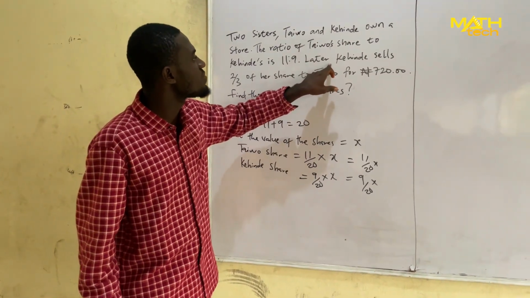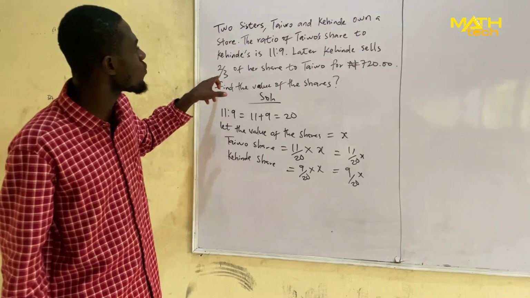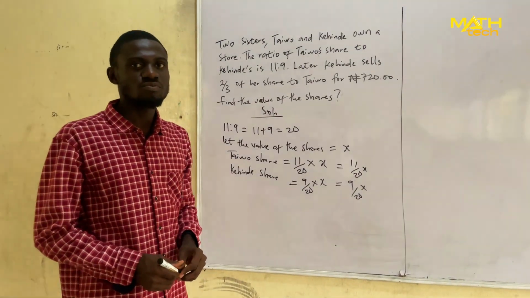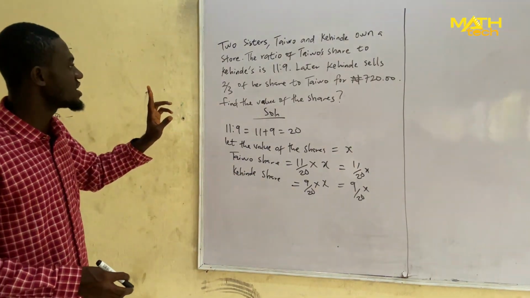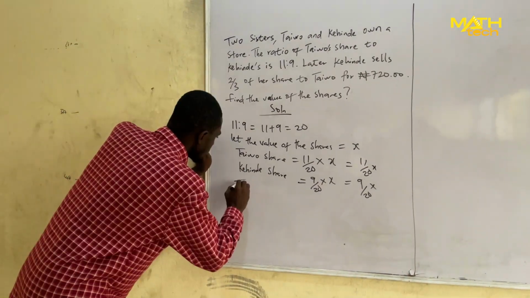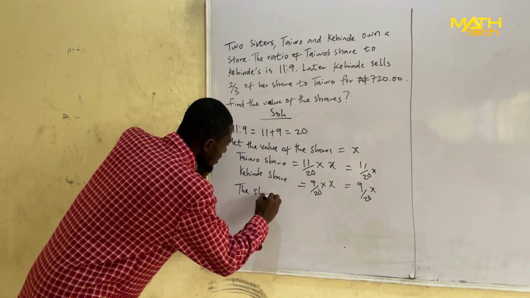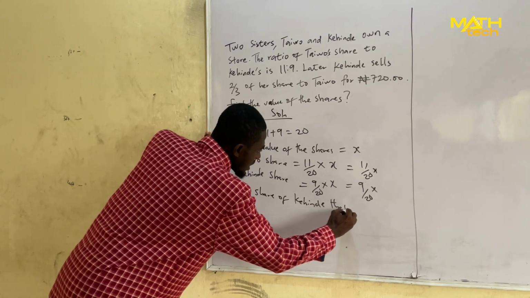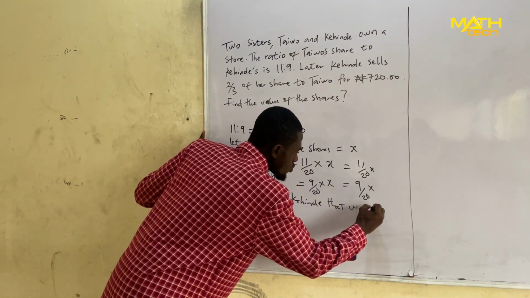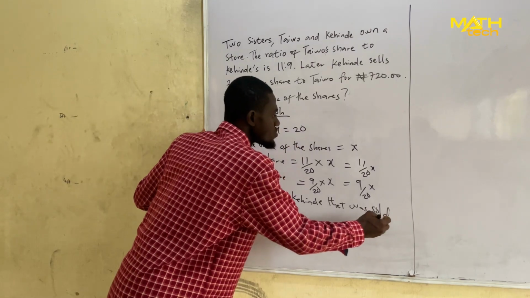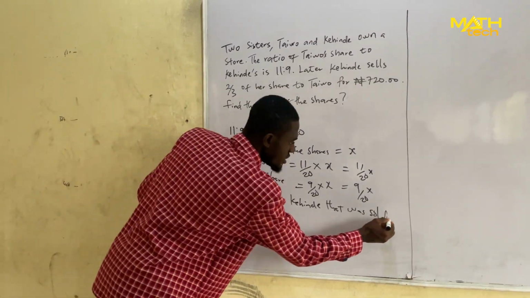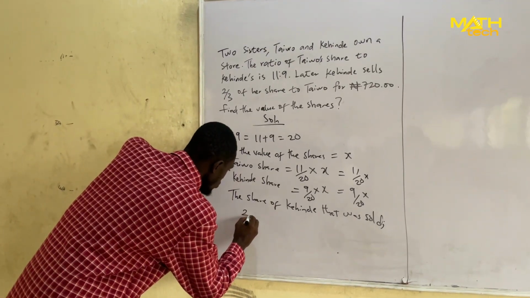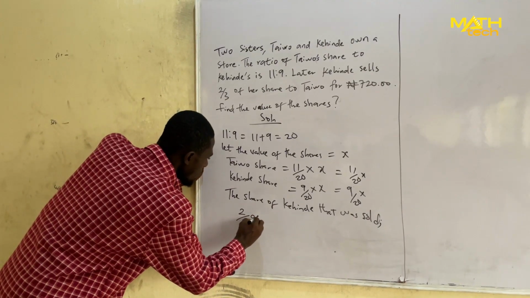Now after the line, the ratio of Taiwo's share to Kehinde's share is 11:9, full stop, we continue. It says, later, Kehinde sells 2/3 of her share to Taiwo for 720 naira. Now, Kehinde sells 2/3 of her shares. So she sold 2/3 of what is her total share.